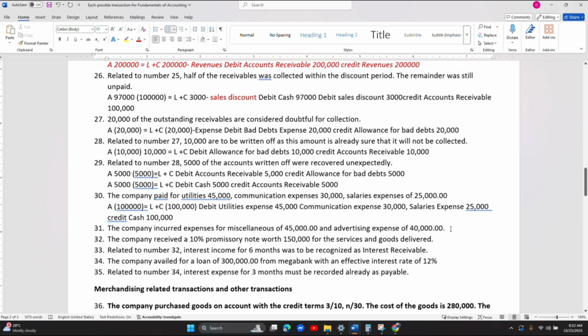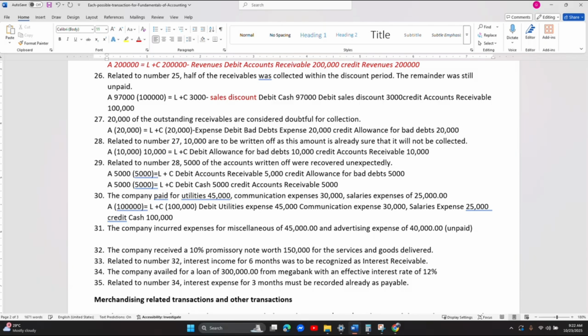On number 31, the company incurred expenses for miscellaneous expenses 45,000 and advertising expense. And since there is no mention that it is paid by cash, let's put in parentheses unpaid. So that means you still have to recognize expenses even if you have not yet paid those expenses, especially if you have already enjoyed the benefits of those expenses.